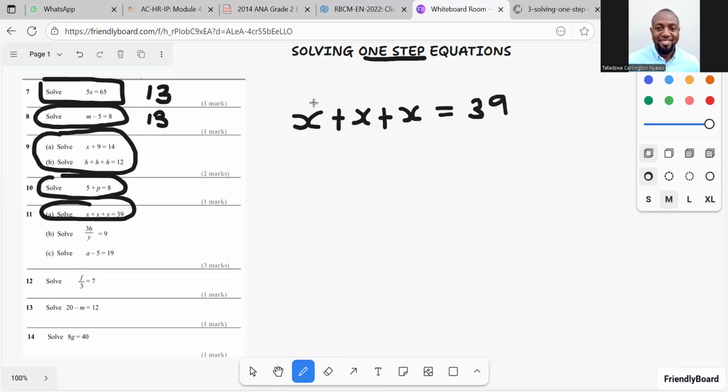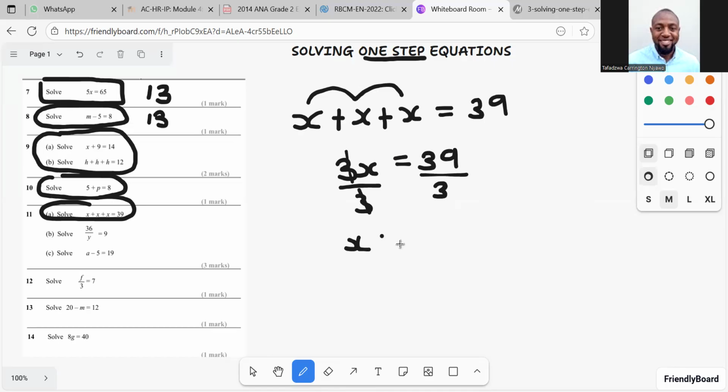Simple. You can add x plus x plus x, which is 3x, is equal to 39. Then what's next? Divide here by 3, divide also here by 3. So this 3 and this 3 cancel out. I'm left with x on the left is equal to 13. See? Simple. Let me move on to the next one.